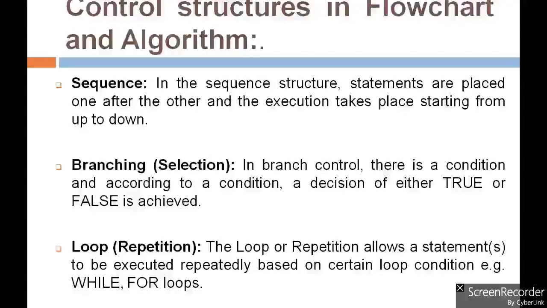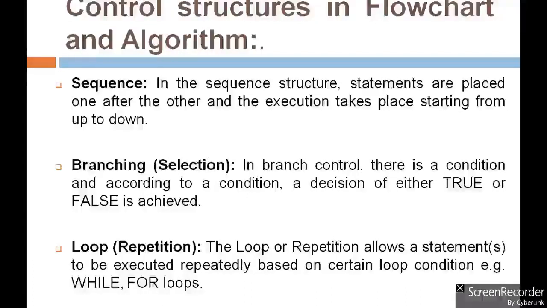Now, one more thing that is related to flowcharts and algorithms are the control structures used while drawing a flowchart or while writing an algorithm. An algorithm can have three different control structures to represent its logic for the solution of any problem. These three control structures are sequence, branching, and looping.